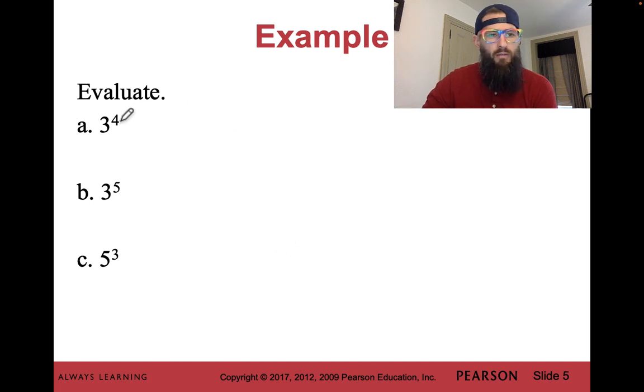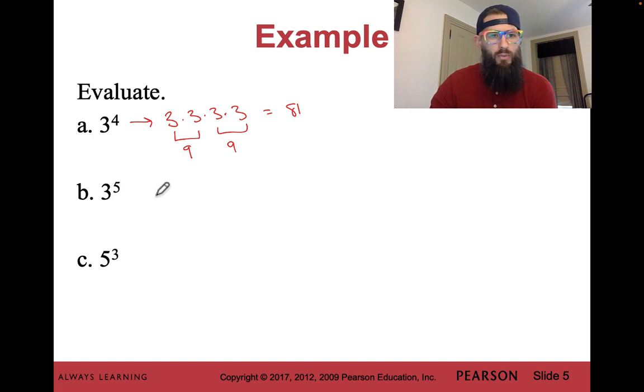Now, similarly, on the flip side, if we have 3 to the 4th power, that means we have 3 times itself 4 times, or 3 times 3 times 3 times 3. 3 times 3 is 9, so we have 2 sets of 3 times 3. So 3 to the 4th power ends up being 9 times 9, or 81.